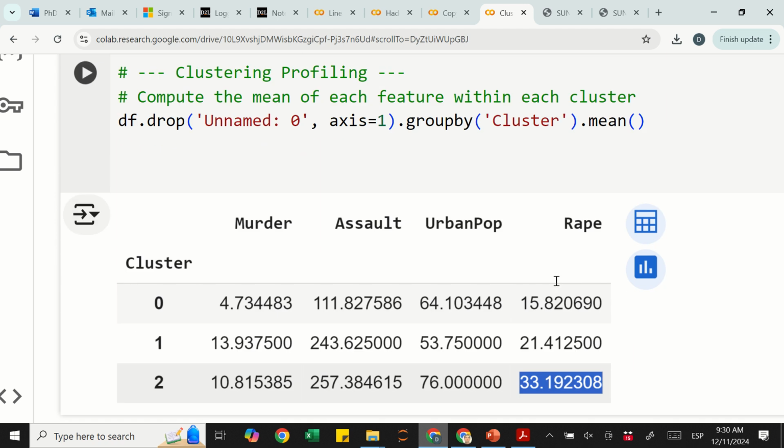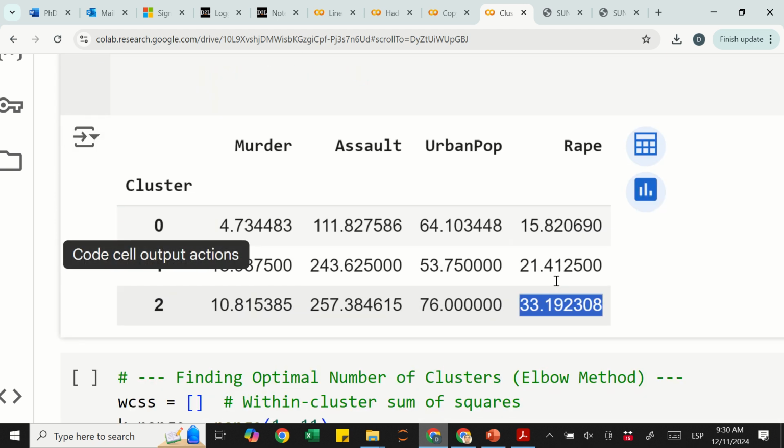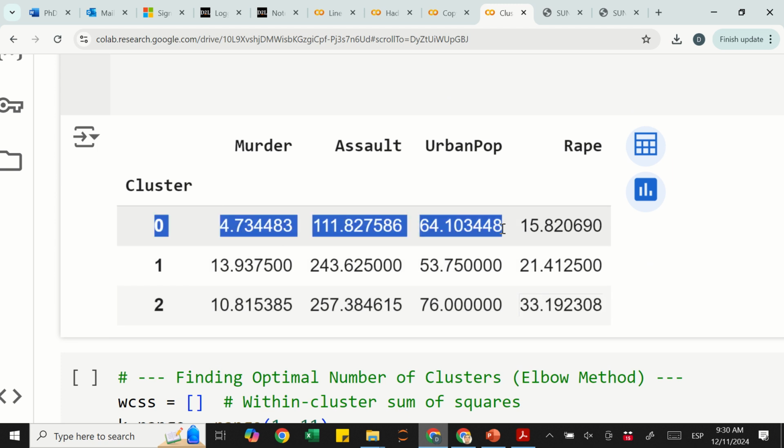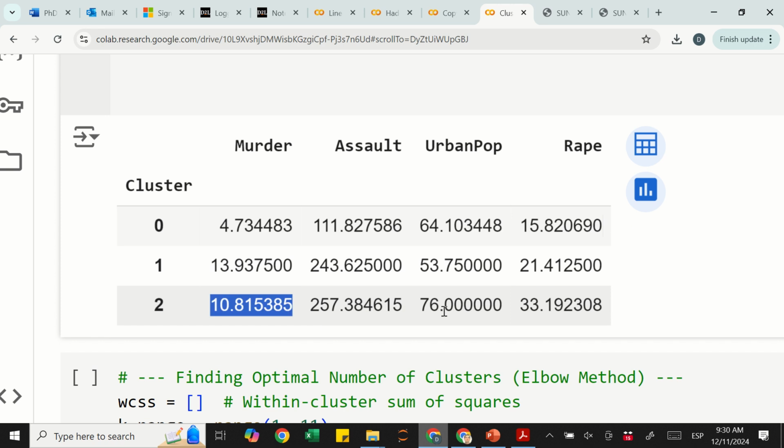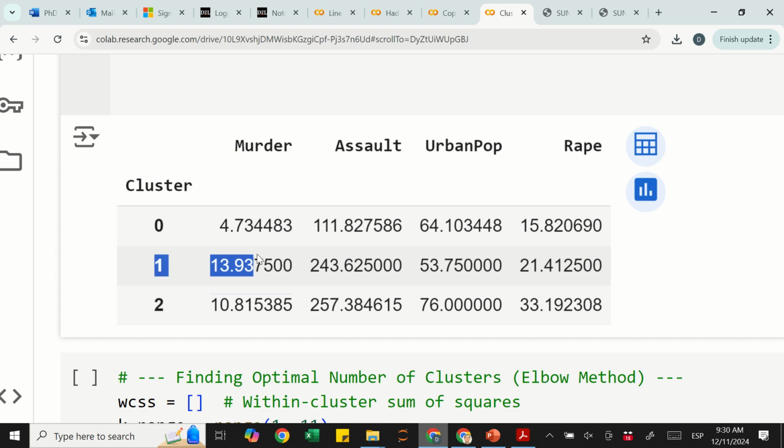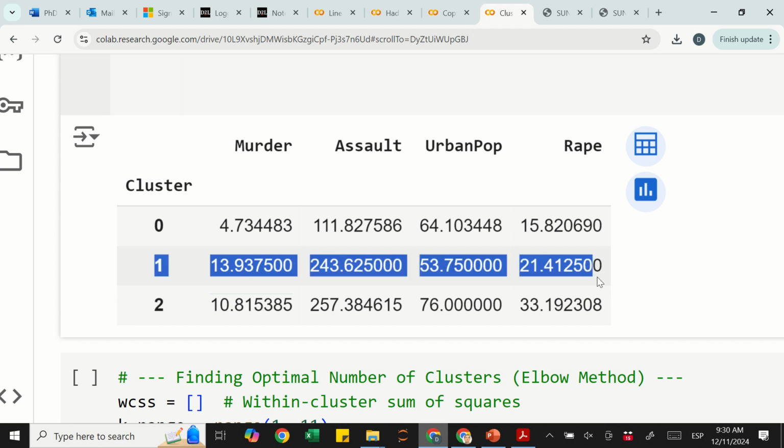So now, as a decision maker, you can start identifying: this group, for example, is not in danger, but this one is a little more critical. Or it depends, because maybe for you the first variable, murder, is more important, so you will focus on cluster 1. This is where you start making decisions, prioritizing your groups, and getting deeper into your data.